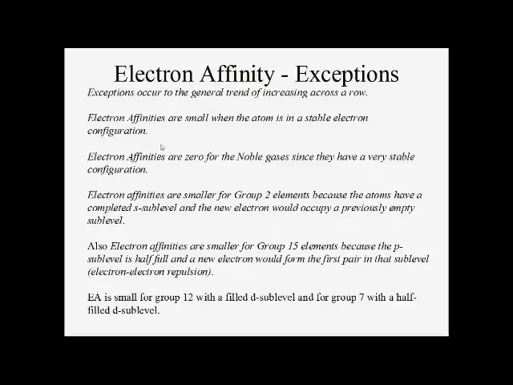So we're going to expect to see small electron affinities when we have a stable electron configuration. So it's going to be harder to put an electron into a stable electron configuration. We'll have a larger electron affinity when we are creating a stable electron configuration. So for noble gases, since they are extremely stable, their electron affinities are small enough to be essentially zero.